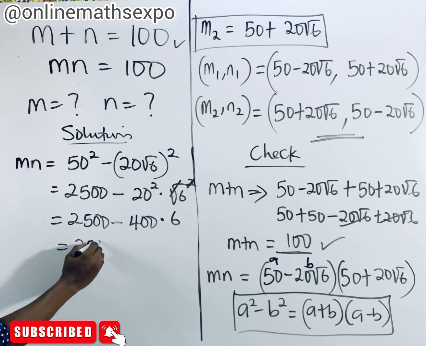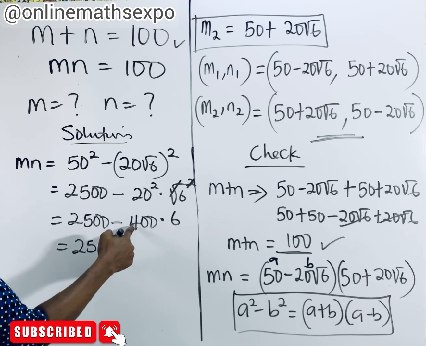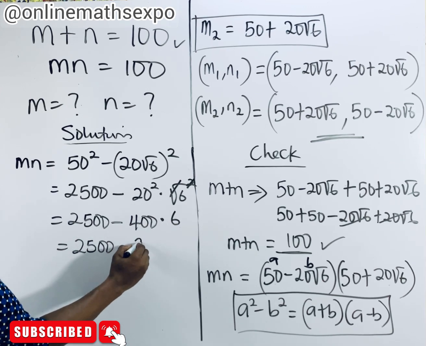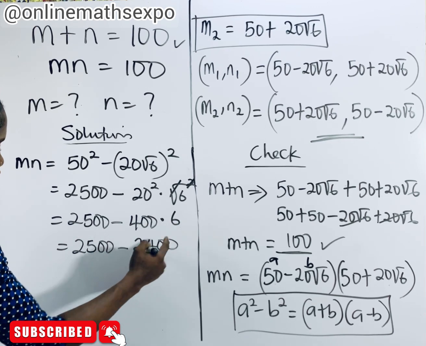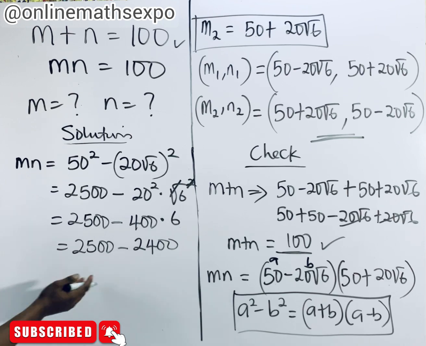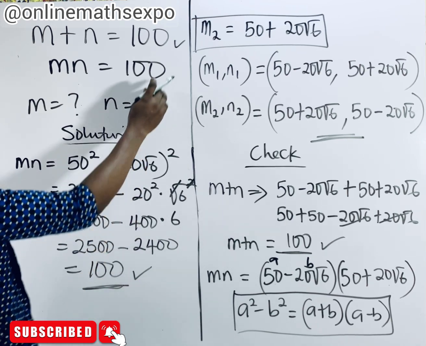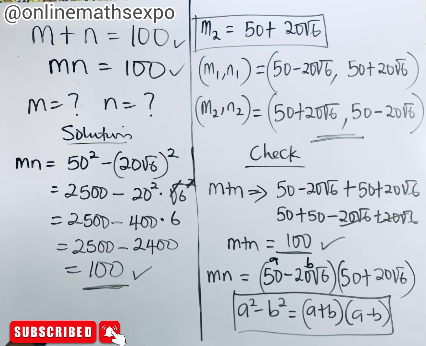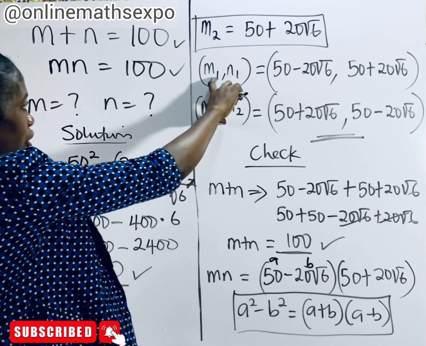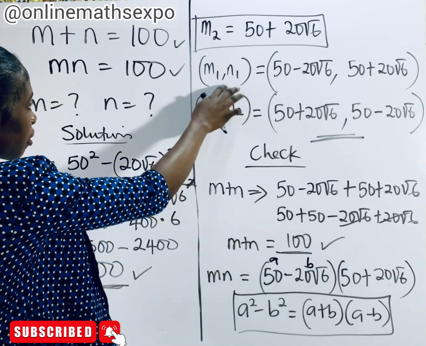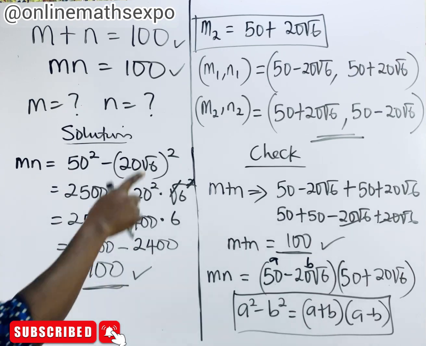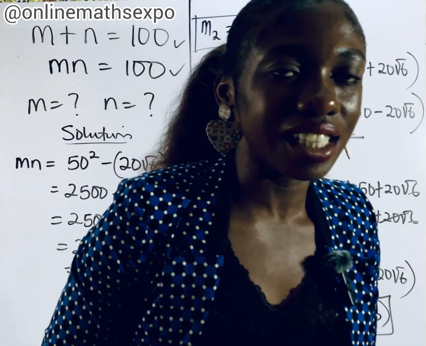So we have 2,500, and 400 multiplied by 6 gives us 2,400. And when you subtract this, you are going to have 100, which is what we have at the right side. So you observe that these two sets of values we have for m and n are correct.